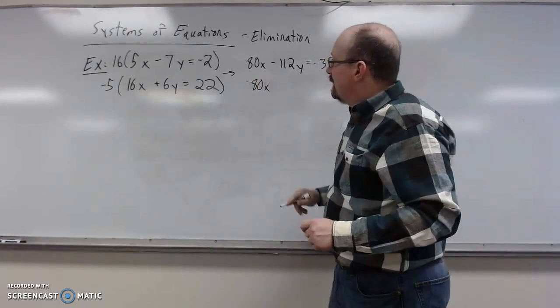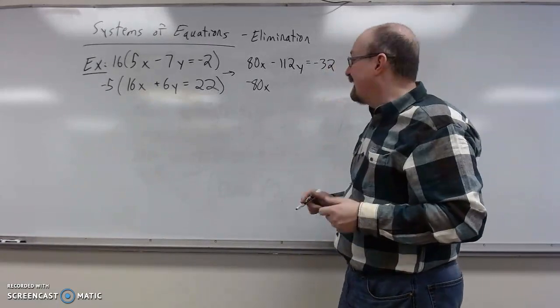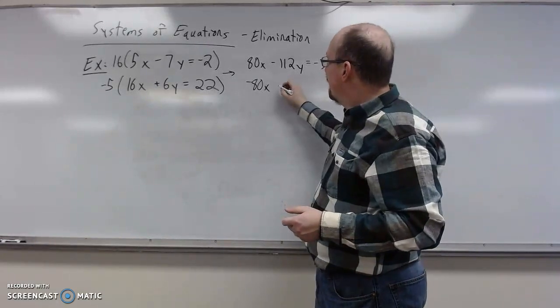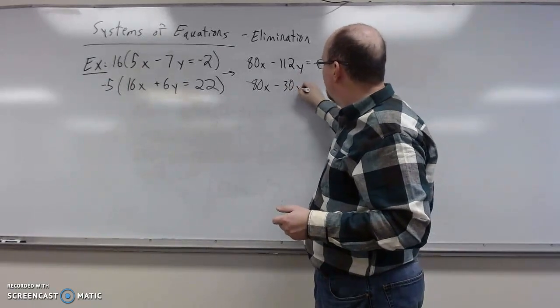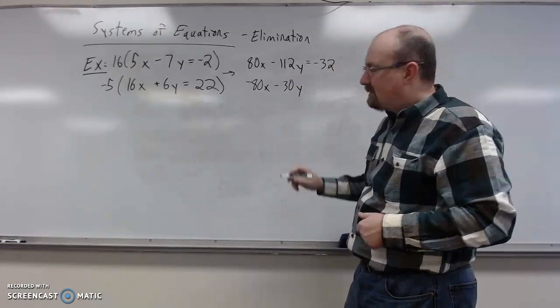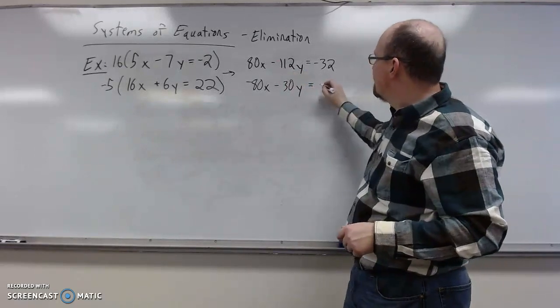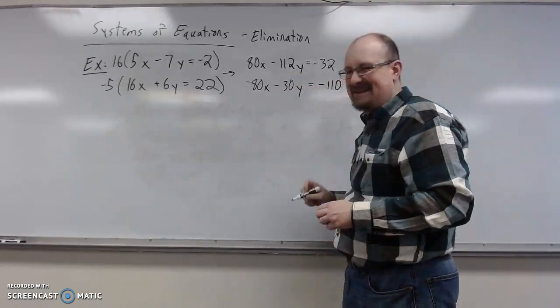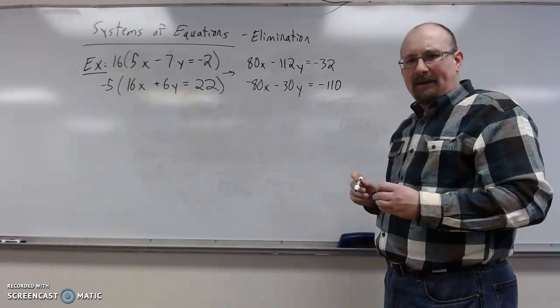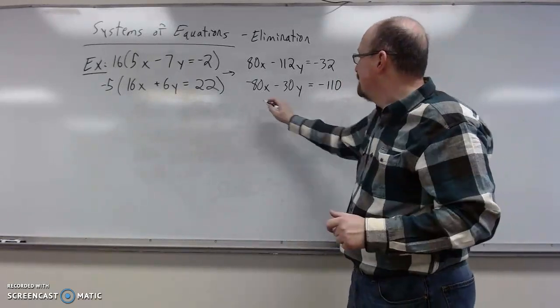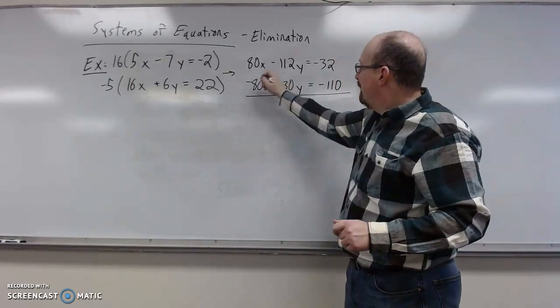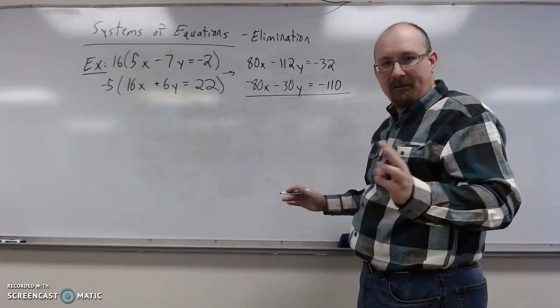So when I distribute the 5 across the second equation, I'm going to have -80x minus 30y. And then 22 times -5 would give me -110. All right. So from here, we can combine these once again. The x's just go boom, they're gone.